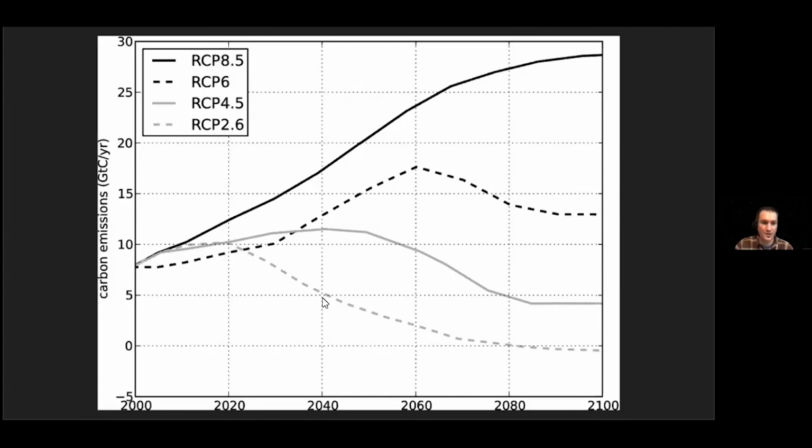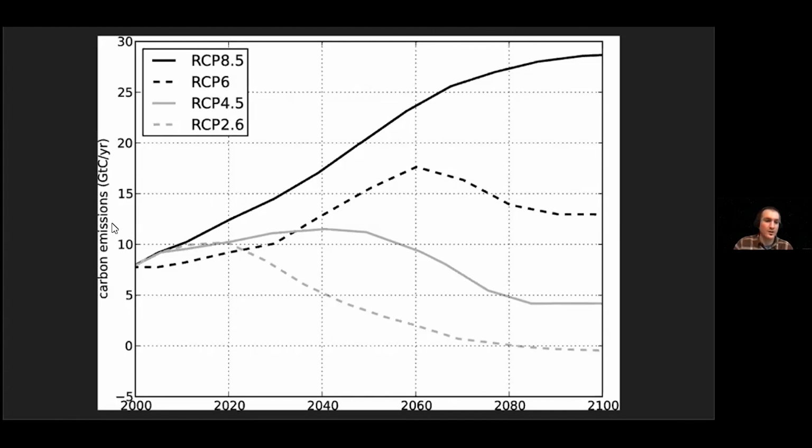So our carbon emissions will be less as a result. This is a simulation running out to the year 2100. The higher the number, the RCP 8.5, we can kind of think of that as our business as usual scenario, where if we stay on our current trends of population growth and current trends of energy consumption, that's the trajectory we would find ourselves on.